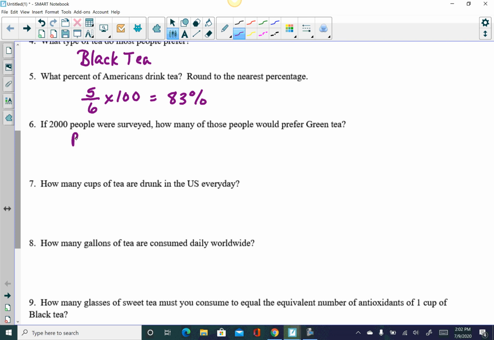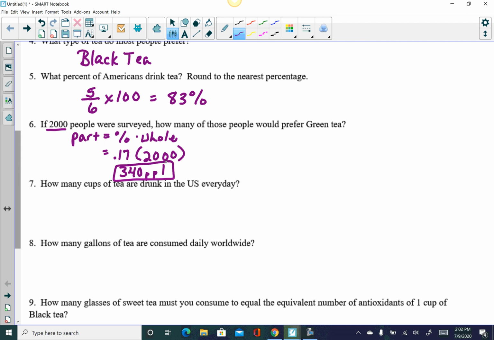So I would use my formula, part equals percent times whole. And so we know that the green tea represents 17%, so 0.17, times the total number of people, and that just came from the problem here, 2,000 people. So 0.17 times 2,000, 340 people would prefer green tea.